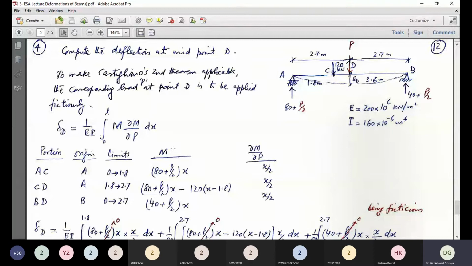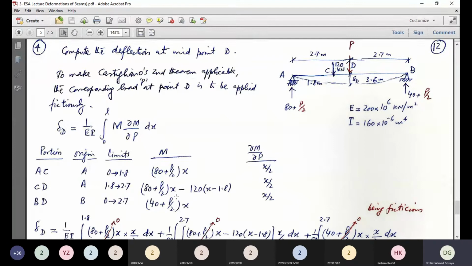First, the capital M. Now for portion AC, take any section X from point A. So it will be 80 plus P by 2 into X, positive, because creating tension at the bottom fiber. Similarly, for portion BD, it will be 40 plus P by 2 into X.